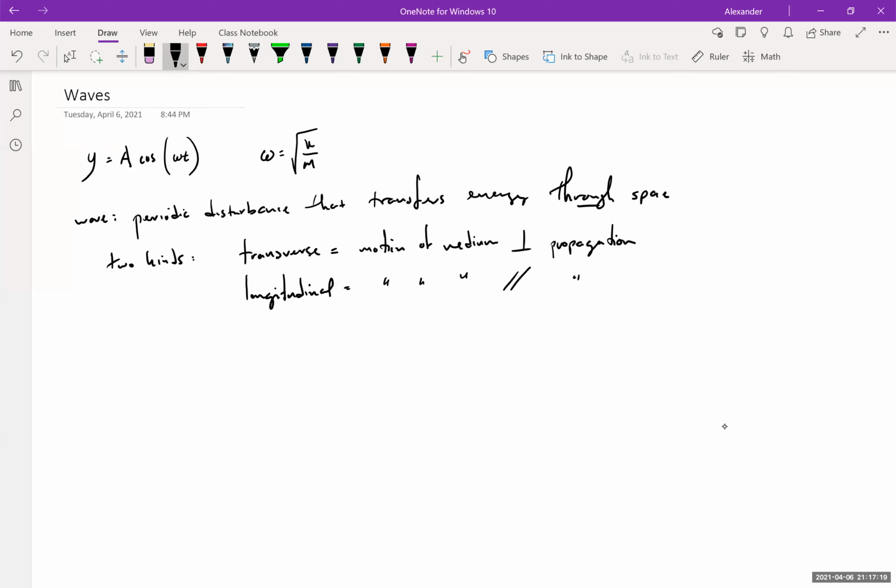How many pieces of information do you need to fully describe a wave? Five parameters we need to fully describe a wave. How do we talk about them?